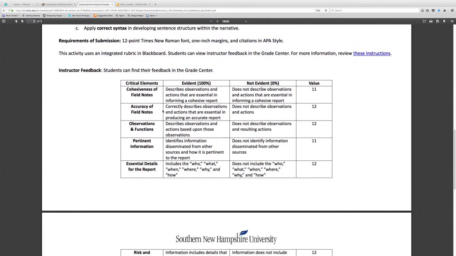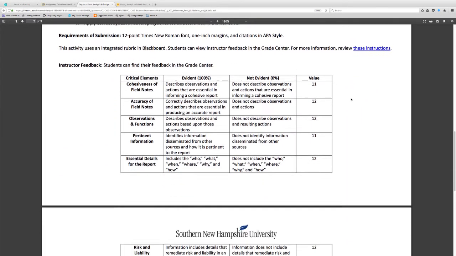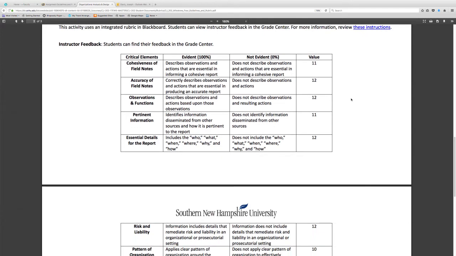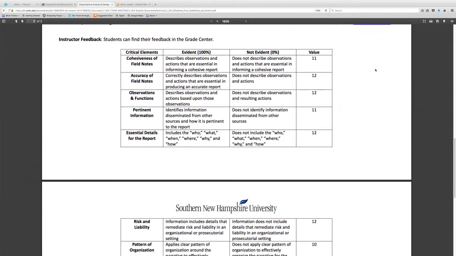Okay, here are the items in the rubric, the critical elements, and you'll notice that the first ones are all about note taking. Cohesiveness of your field notes, the accuracy of your field notes, your observations and functions, pertinent information that was disseminated from other sources. So you need to have all of those, which is what basically this whole assignment is about.